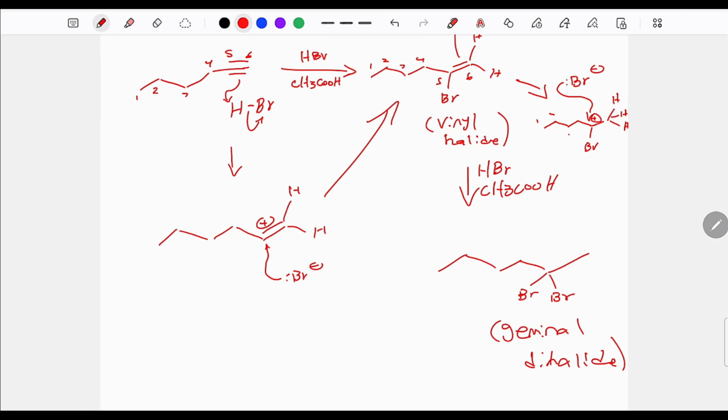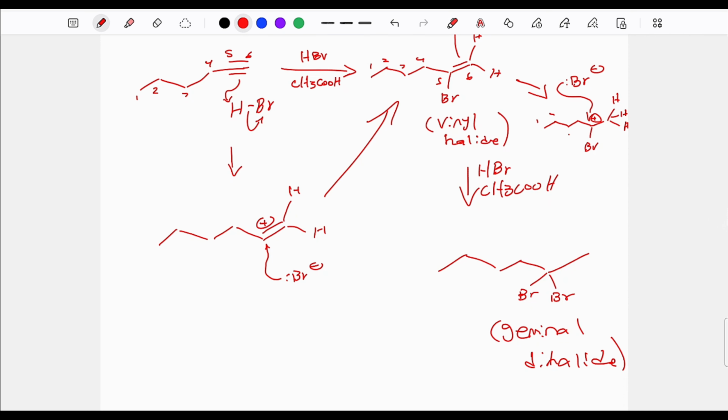So the trend that I do want you to understand is that if I have an alkyne and I give one equivalent of HX, then I get a vinyl halide from it.